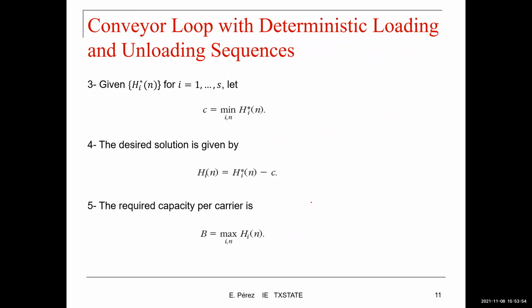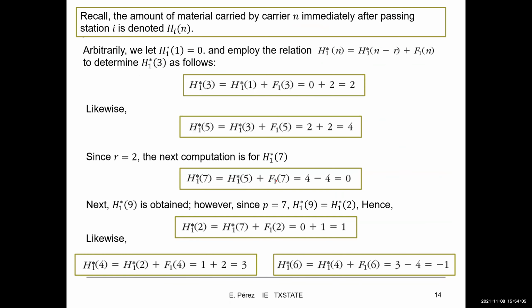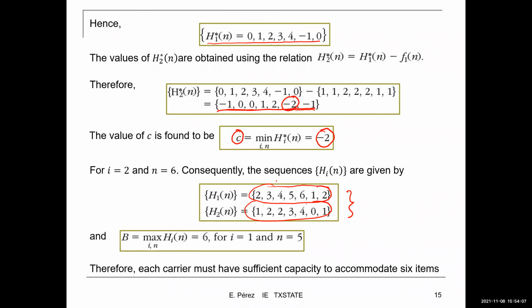Going back to this part right here, what I'm doing is I'm going to subtract HI star n minus C. Essentially, I take every value from here. So let's start with this one, 0 minus -2. So 0 minus -2 equals 2. So that's this value. And then you repeat the process. Good question.